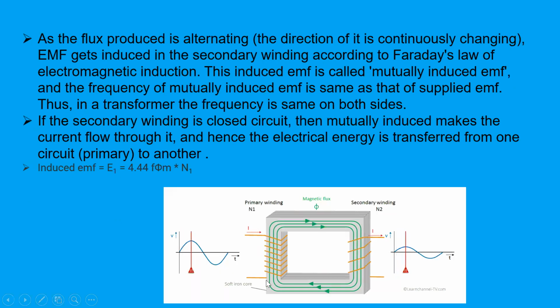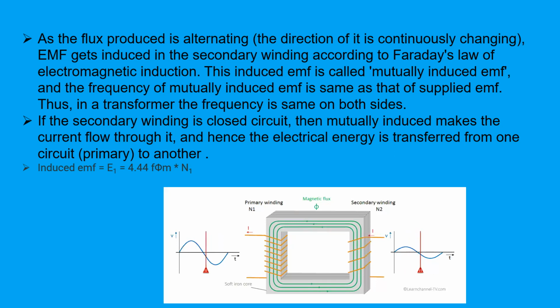Now this is the picture of a transformer. When an alternating voltage is supplied to the primary of a transformer, the alternating voltage is continuously changing its direction and its amplitude with respect to time. So when it is changing, an alternating flux is created in the primary winding. This alternating flux will take a common link through the core and get linked to the secondary winding.